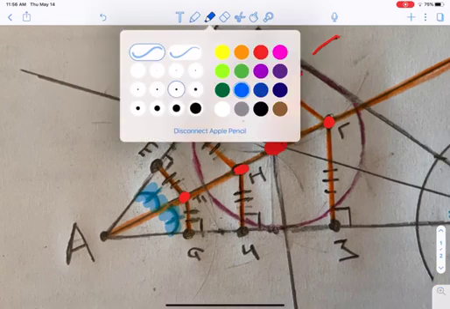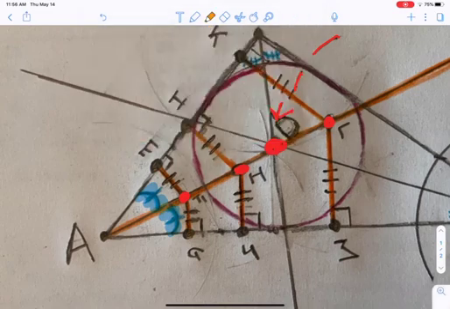So for instance, we'll use this orange color here. Segment EF is going to be congruent to segment FG. You can kind of see that, right? Segment HI will be congruent to segment IJ. And I've marked it out there with those tick marks. Same thing here. It's a very elegant, beautiful, symmetric way of looking at things.